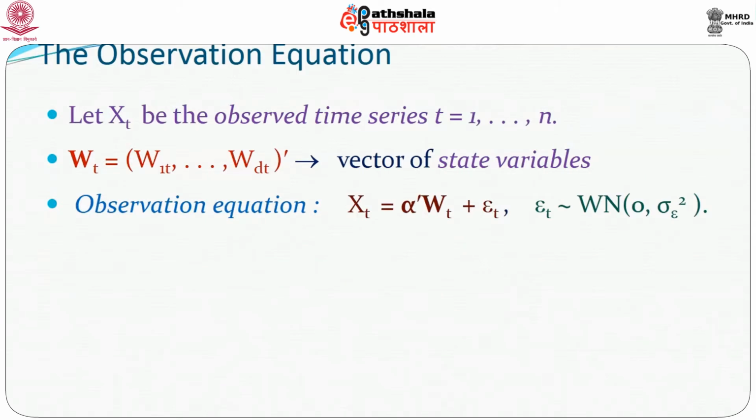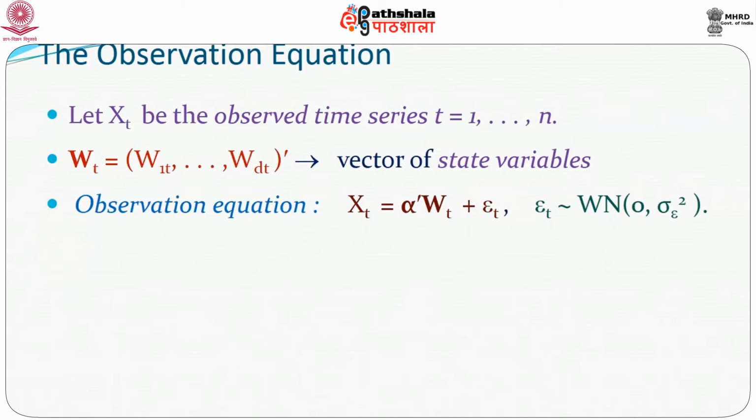Given this, we have the observation equation as x_t = alpha' w_t + epsilon_t, where epsilon_t is white noise, that is with 0 mean and constant variance sigma_epsilon squared.